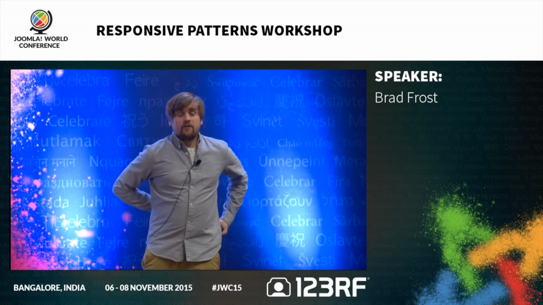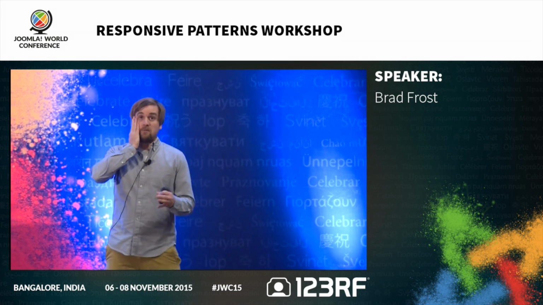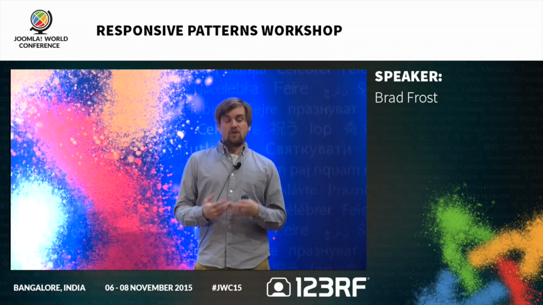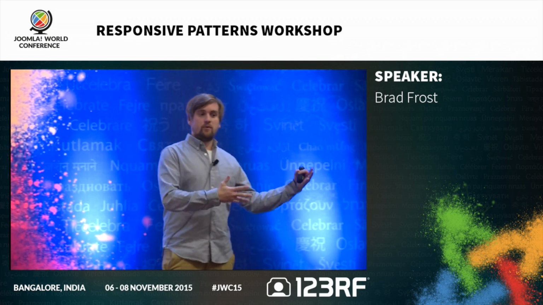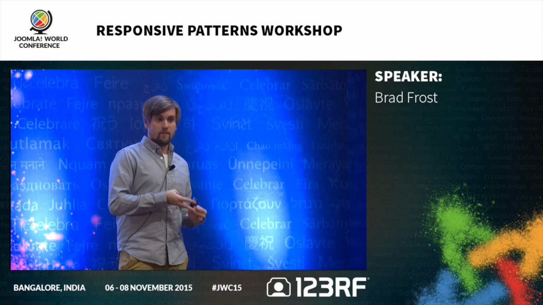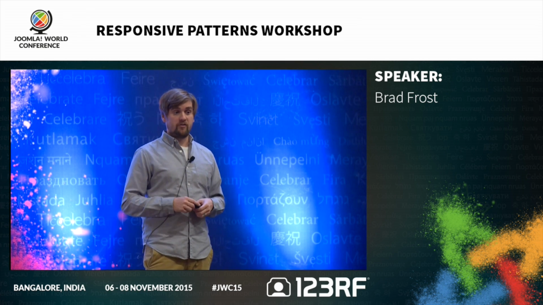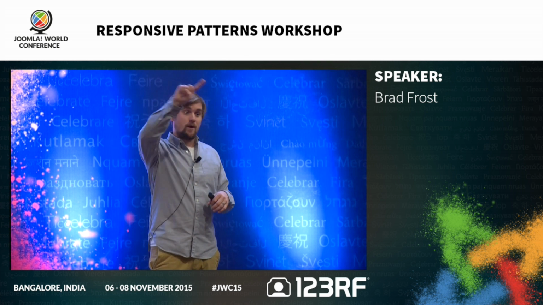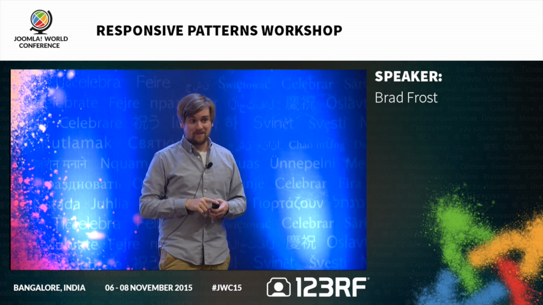Yeah, so we talked about this a little bit earlier. Is pixel or EM preferred? Generally speaking, EMs and other relative units like percentages and rems are preferred over pixels. Anymore, I'm not really writing pixels unless I'm making a 1 pixel border around something, right?